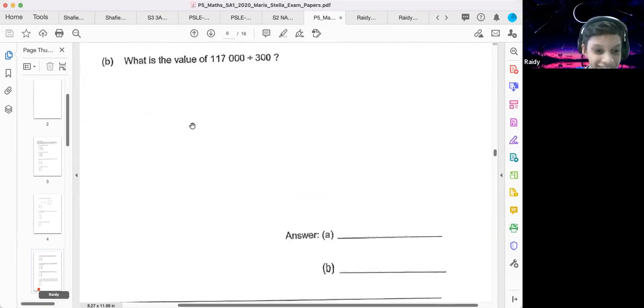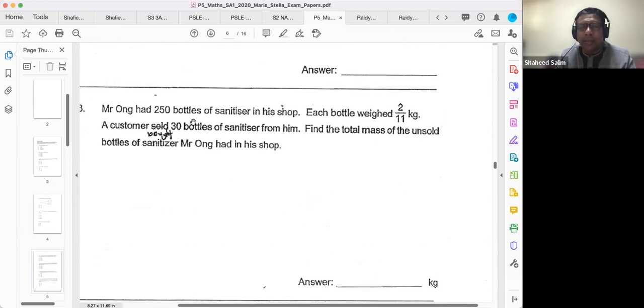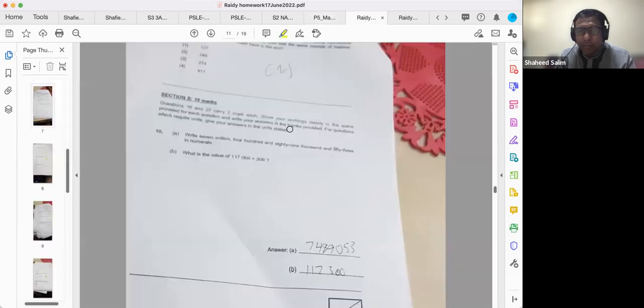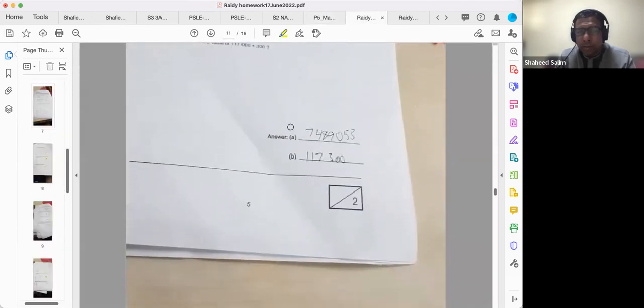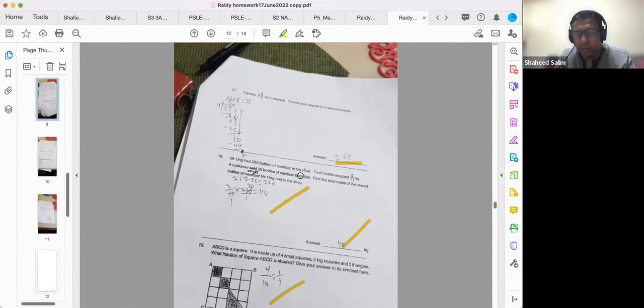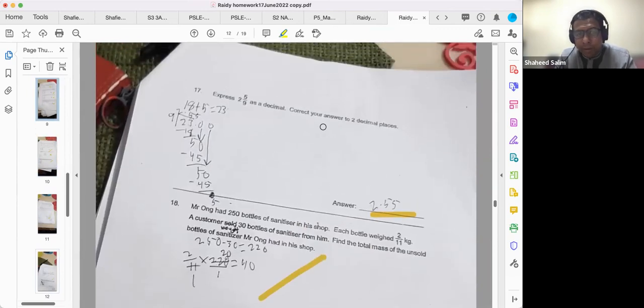Okay, this one, the next one also you got 1 mark. So let us see. This one I need to go through your answer. Your answer is actually almost correct. But when you want to correct to 2 decimal places, you must make sure your answer is up to 3 decimal places.